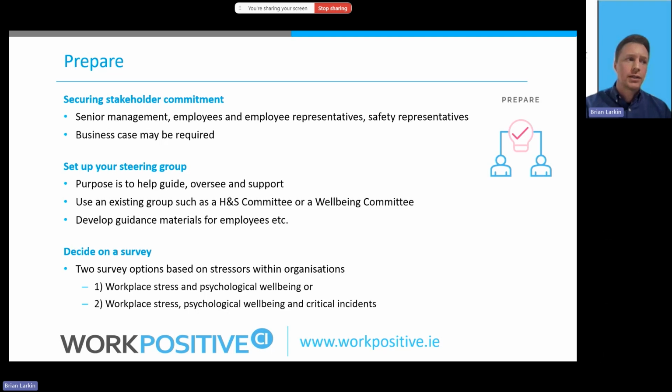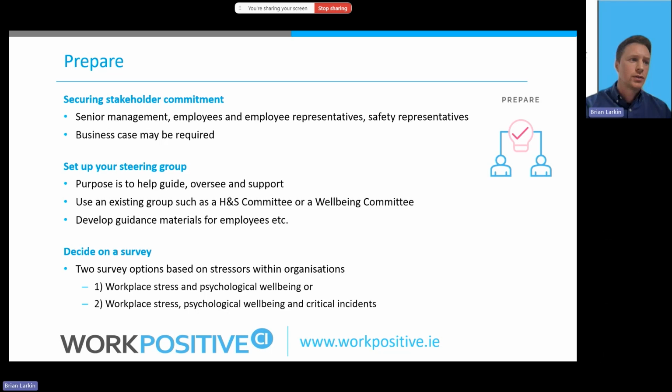That group will essentially guide, oversee, and support the process. They will develop a project plan, identify timelines for when it's best to run the survey, and also develop guidance materials for your staff so they're fully aware and understand what this Work Positive project is all about.